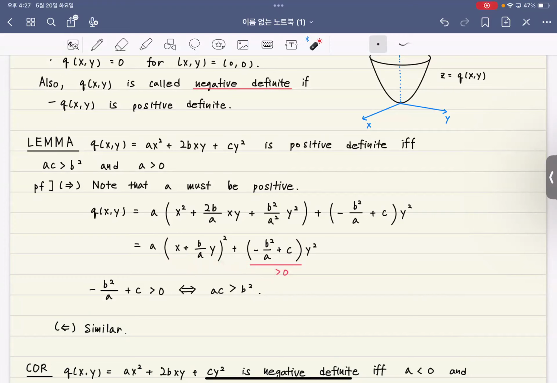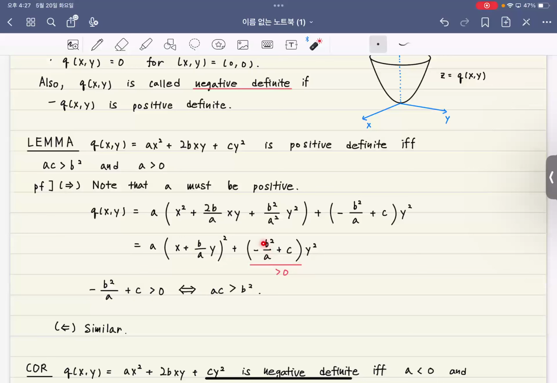In order to be positive definite, this first term is always non-negative, and A is positive, so this other term must also be positive, right?